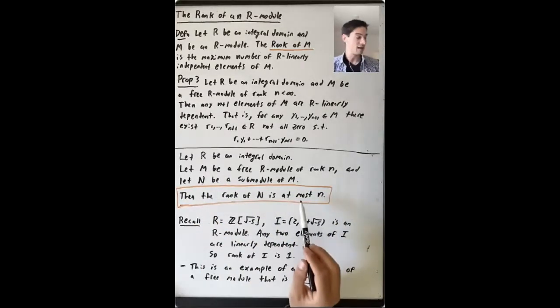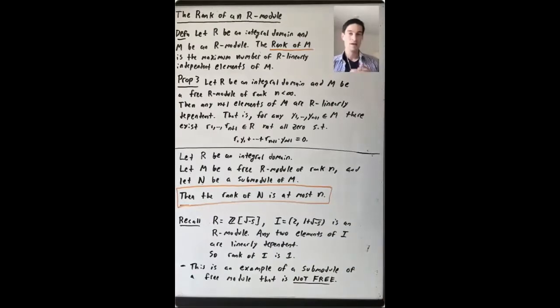So this is a statement that we're going to use in our proof of the classification of modules over a PID. I want to emphasize that the rank of an R module is something that's a little tricky to deal with in general. Remember, we saw this example of R equals Z adjoin square root of -5. And we had the ideal inside this ring generated by 2 and 1 plus the square root of -5.